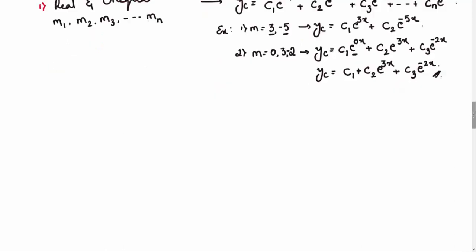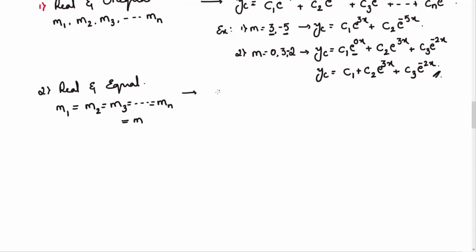Now in the same way, if the roots are real and equal, that is m1 is equal to m2 is equal to m3 is equal to so on is equal to mn, and say all these values are equal to m.